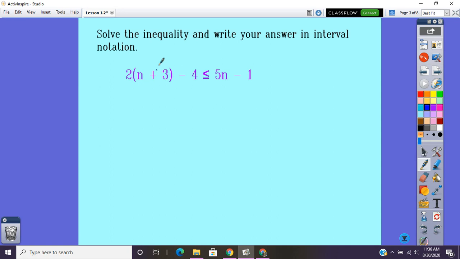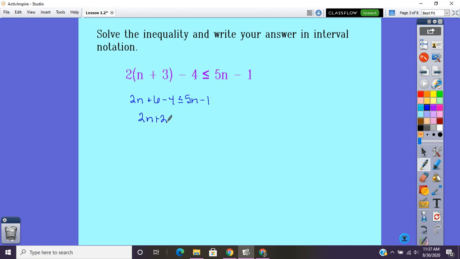All right, so let's solve our inequality and then write our answer in interval notation. Solving the inequality should not be that big a deal because for the most part, we've done this for several years. So let's distribute our 2. So we'd have 2n plus 6 minus 4 is less than or equal to 5n minus 1.